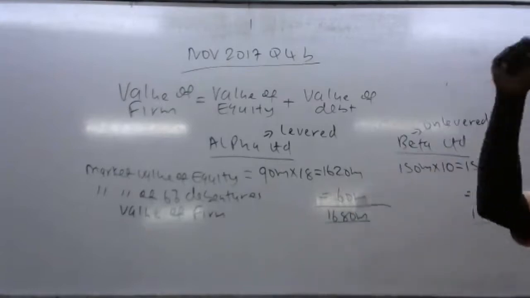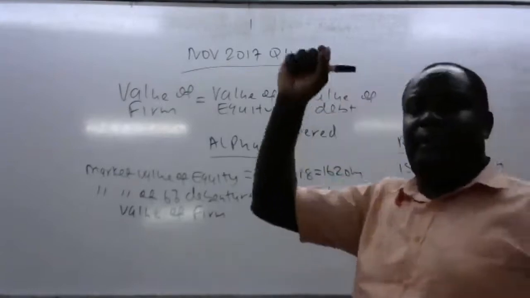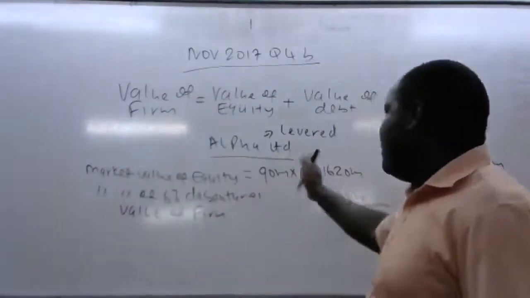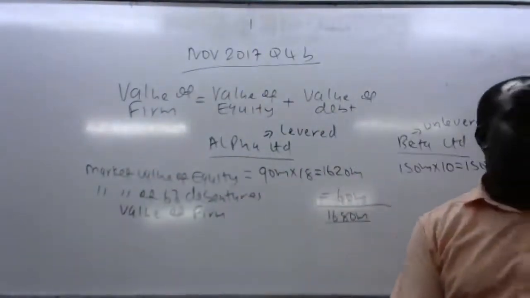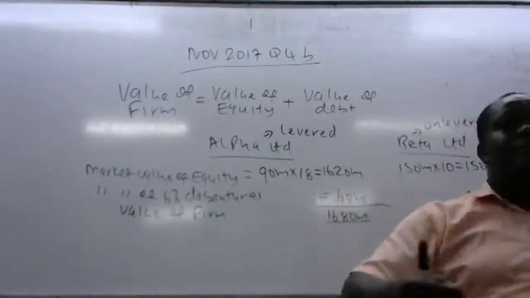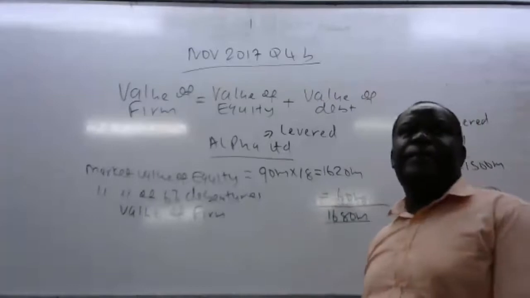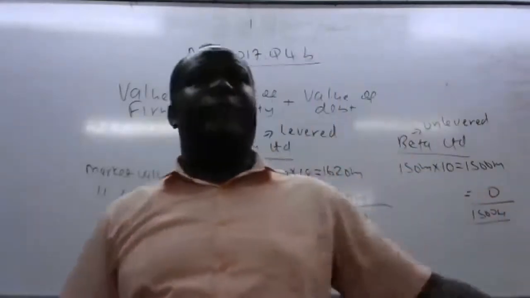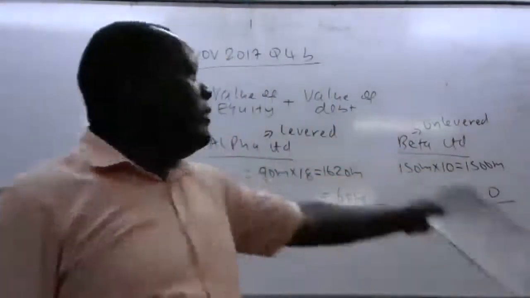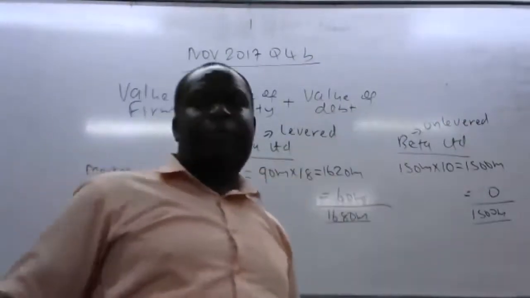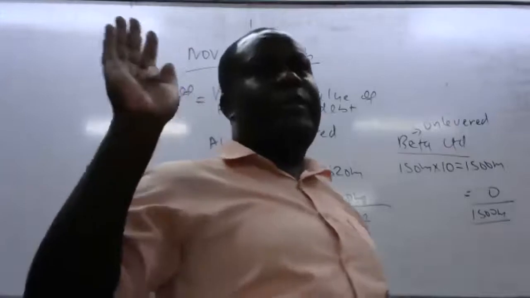So we need now to practice the arbitrage process to discover that the returns of these two companies will be the same, not in terms of the market value, but the returns for the investor. Whether you remain in Alpha or you go to Beta, your net returns will not change.